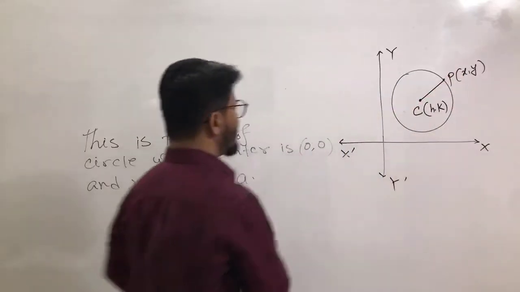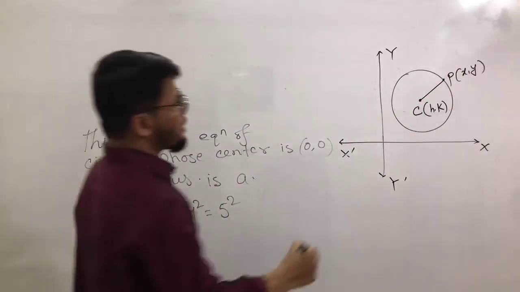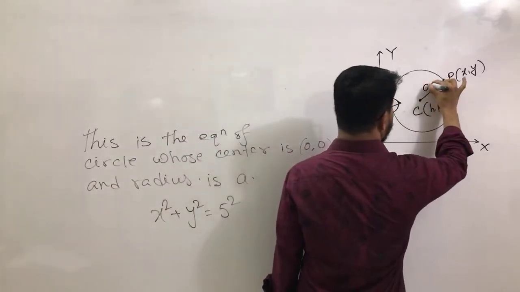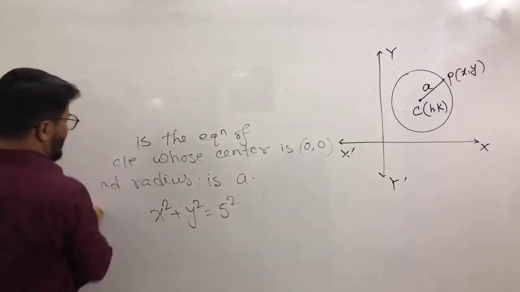The radius is CP. So if we think here radius equals a, now what will be the new relation?